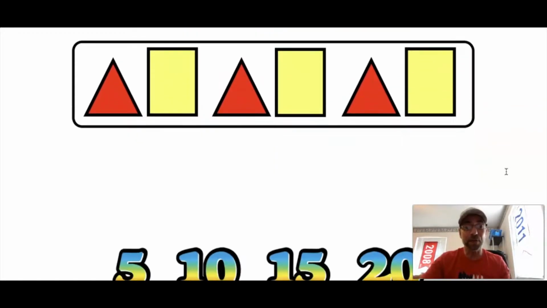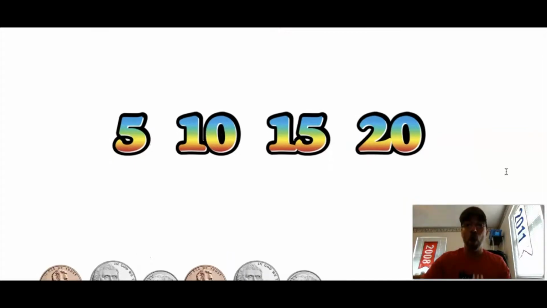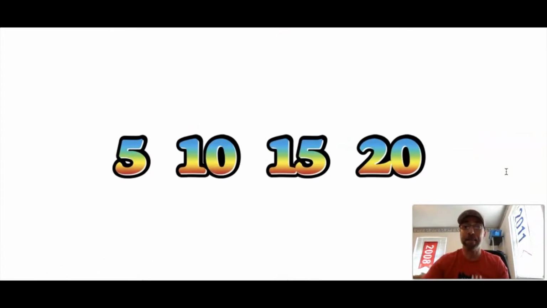But here's another example of a pattern. Our numbers can become patterns also. Let's take a look at these numbers. 5, 10, 15, 20. What number do you think comes next in this pattern? Hopefully you said 25.